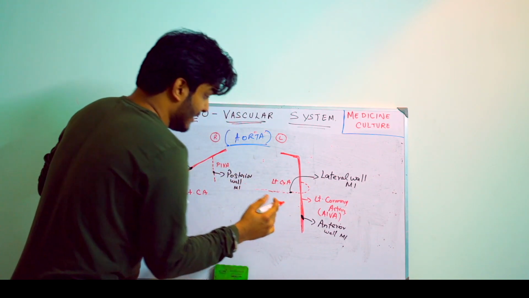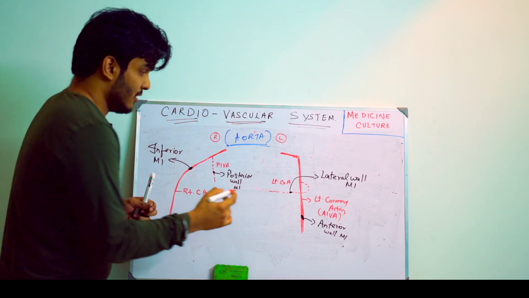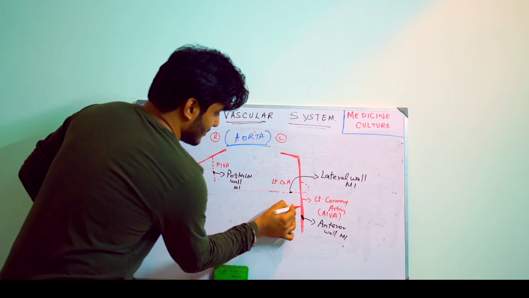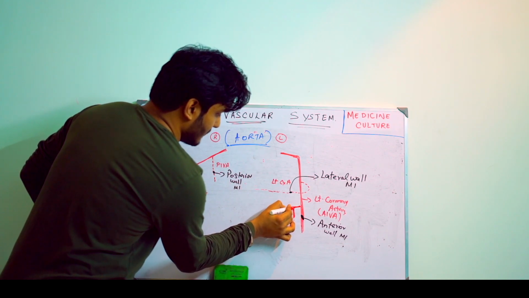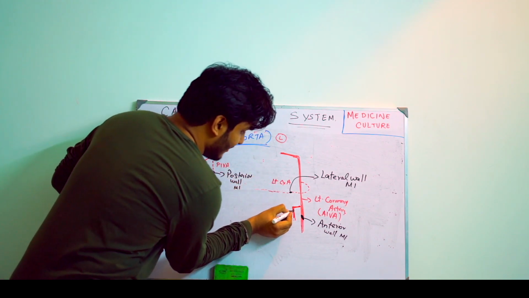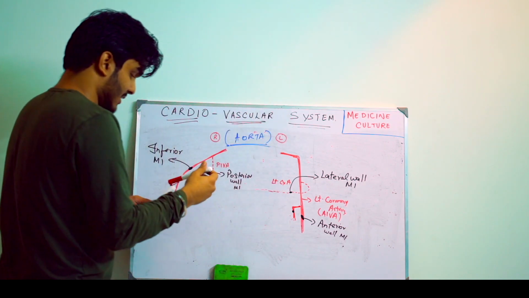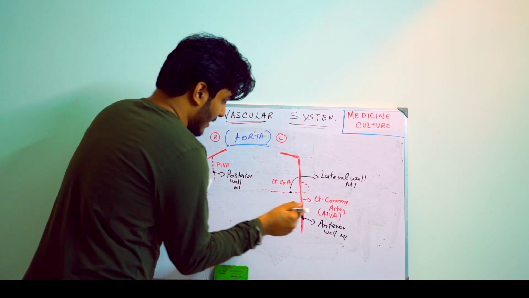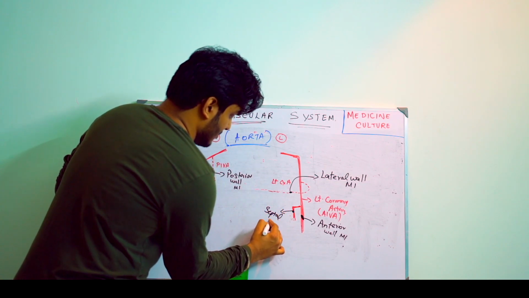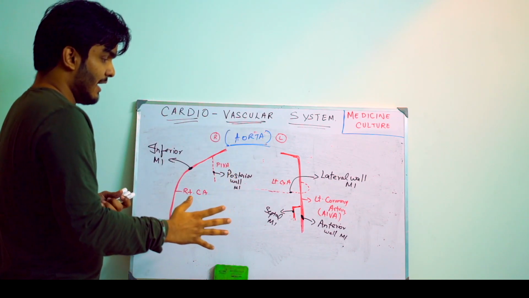In the previous diagram, I said there is a septal branch. If there is an occlusion in this septal branch of the left coronary artery, it gives rise to septal MI. So I think we have covered all the major MIs.